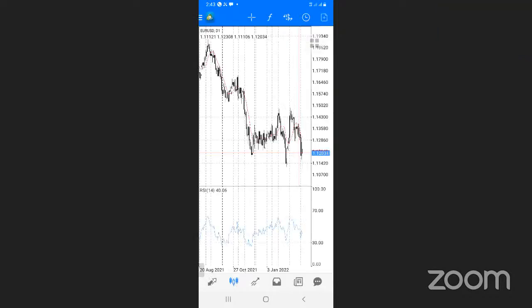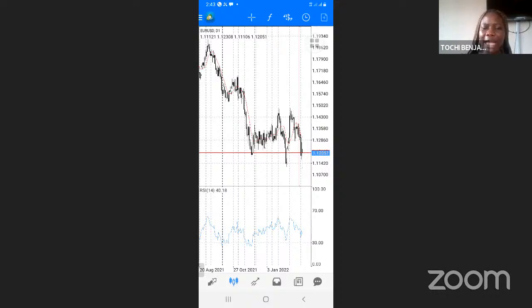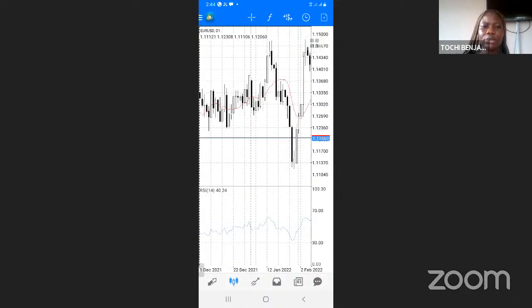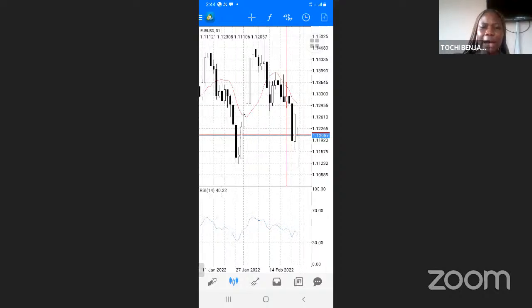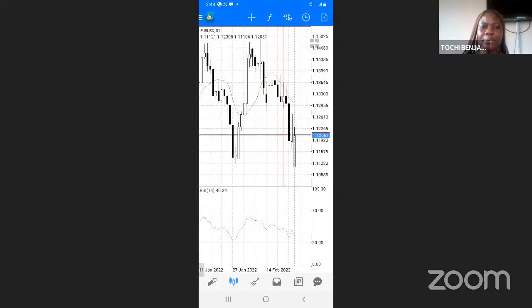Now tap on that line you picked, that vertical line. You can enlarge the chart so that you see it clearly. Use your hand and expand it. Now tap on that vertical line you picked. Tap on it 2 times.